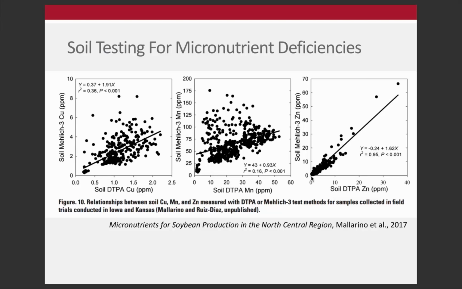DTPA extractable zinc and Mehlich-3 zinc have a pretty good relationship. But then when we go to manganese, the relationship totally falls apart. This is data taken across a number of states in the Midwest, looking at micronutrient deficiency in soybeans.